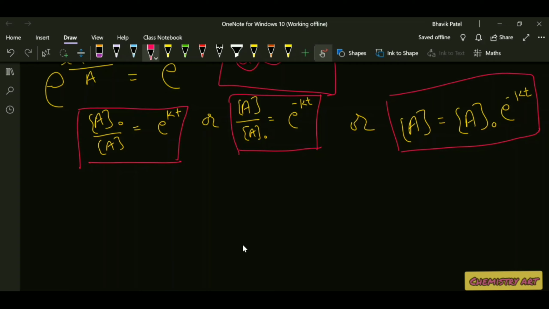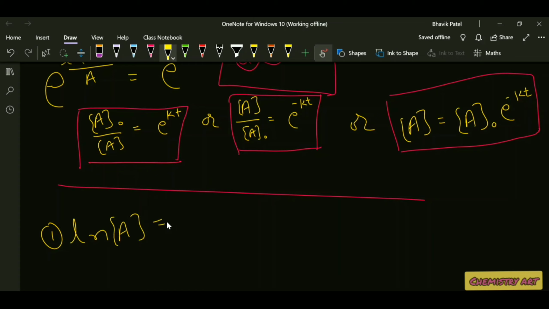Okay, so first of all, I will write the first equation as ln A is equal to minus kt plus ln A naught.